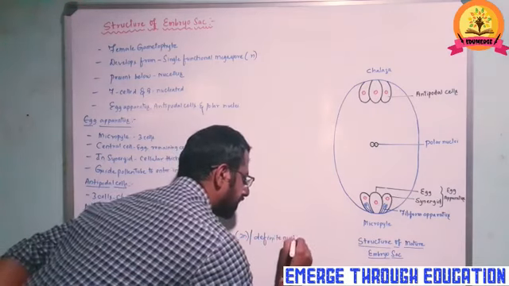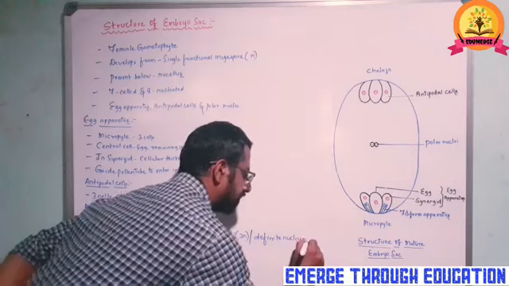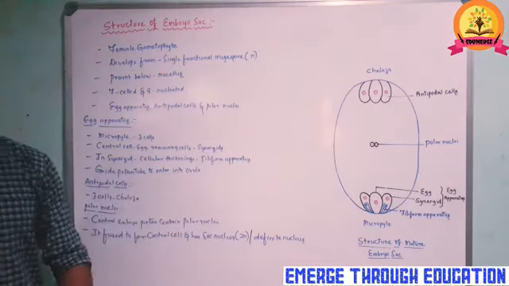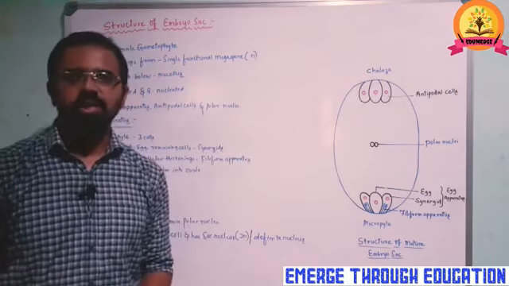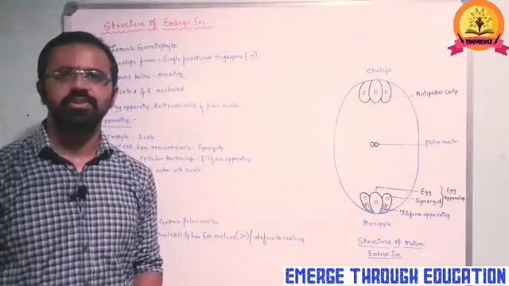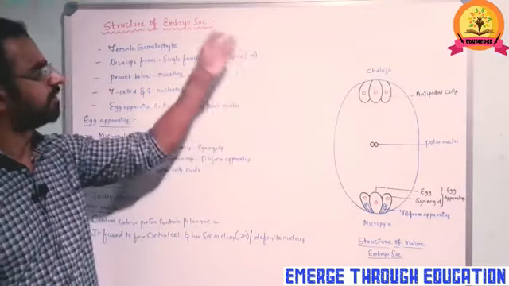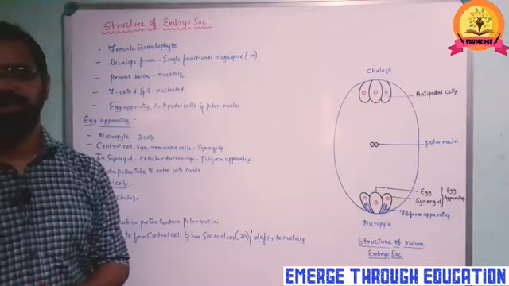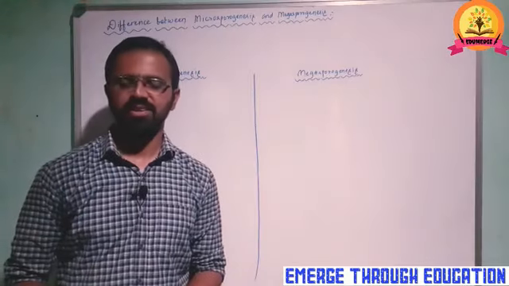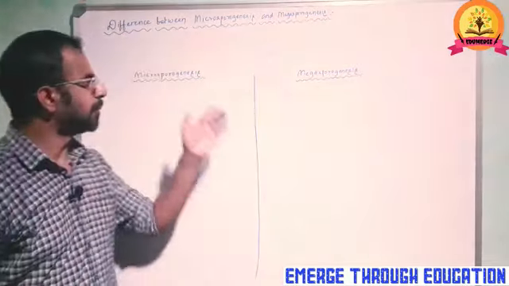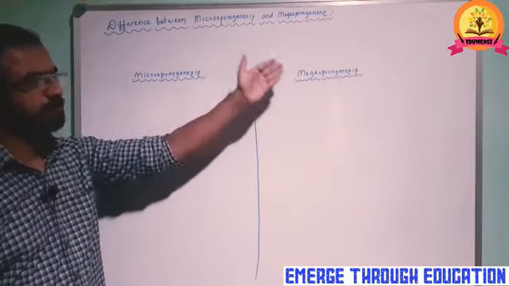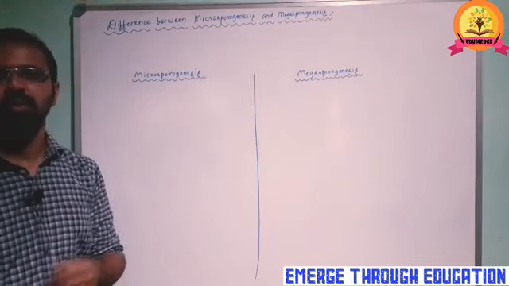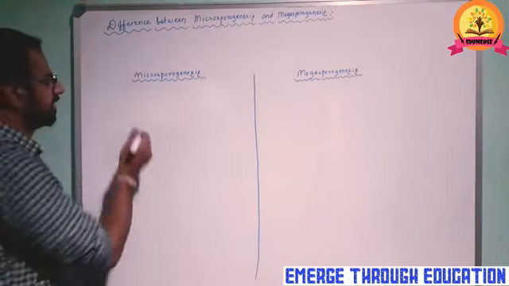This secondary nucleus is also called definitive nucleus. So this is all about the structure of embryo sac or female gametophyte. Now let us see some of the differences between microsporogenesis and megasporogenesis. What is microsporogenesis?